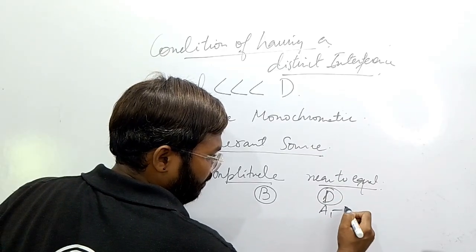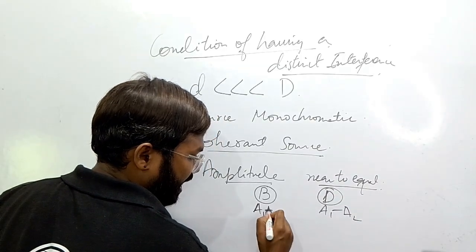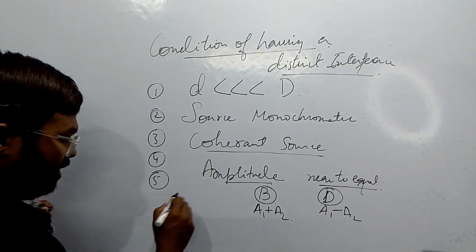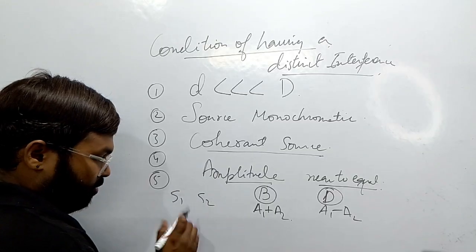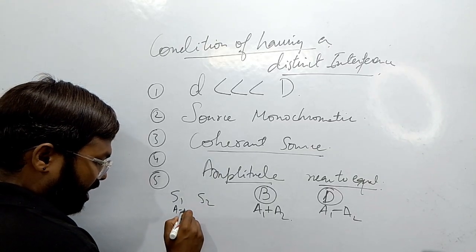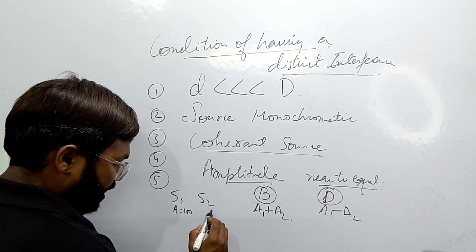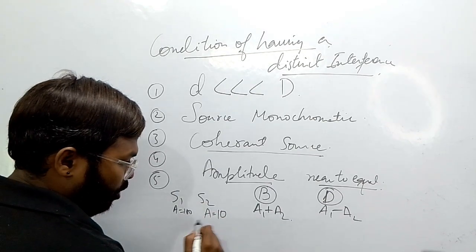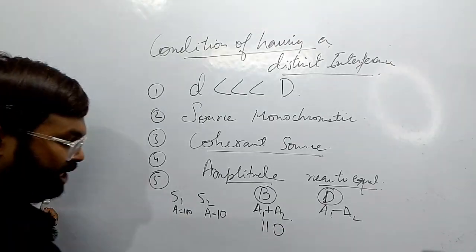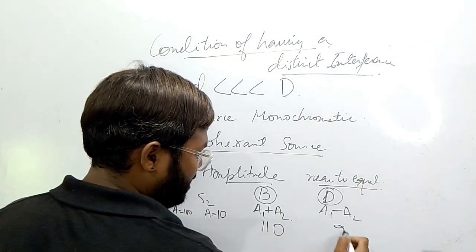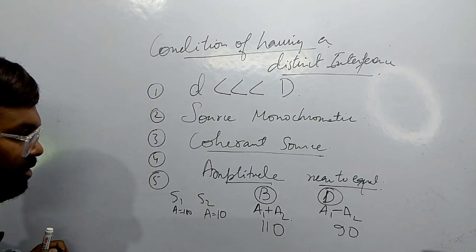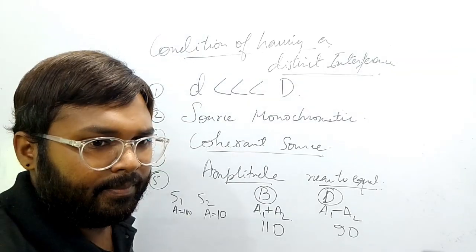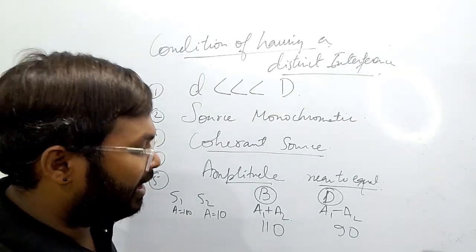Here a1 minus a2, and here the amplitude adds up. So if I have source one with amplitude 100 and source two with amplitude 10, if I sum up I will have 110, and if I take the difference I'll have 90. So here you see the amplitudes are nearly the same. You cannot observe completely dark and completely bright.